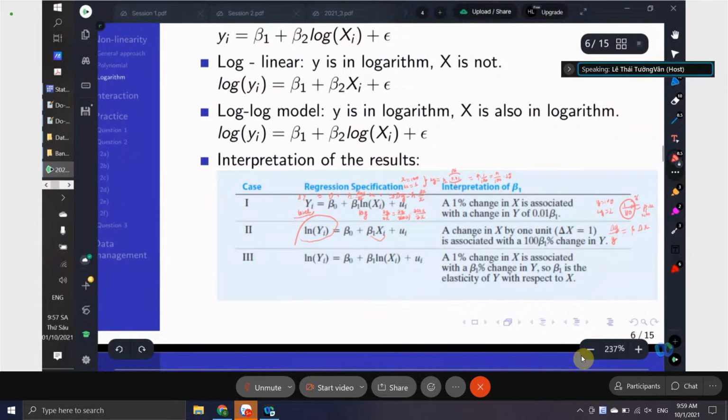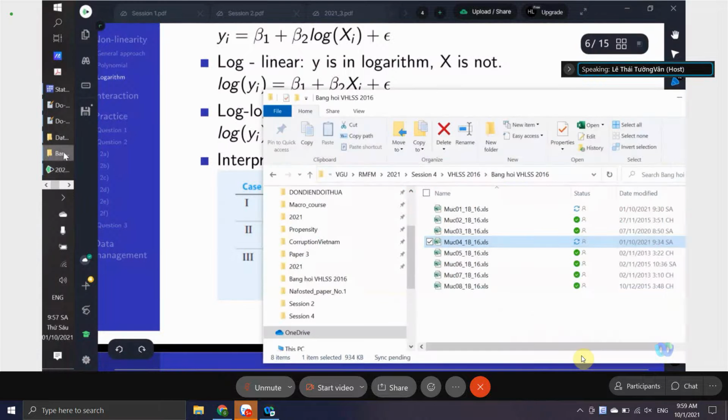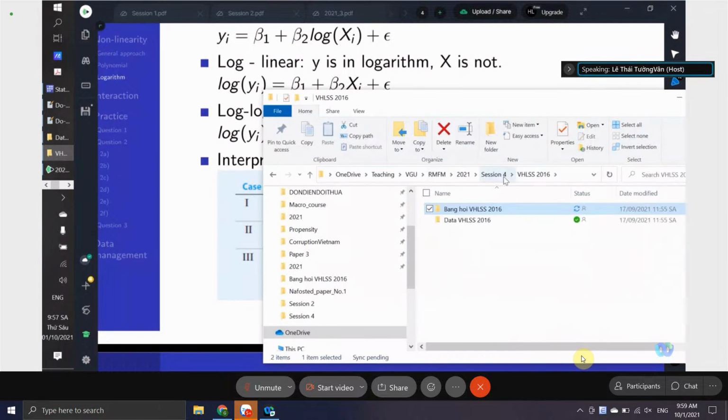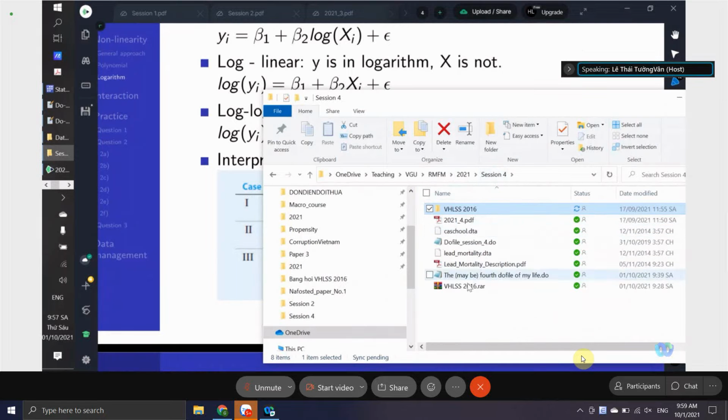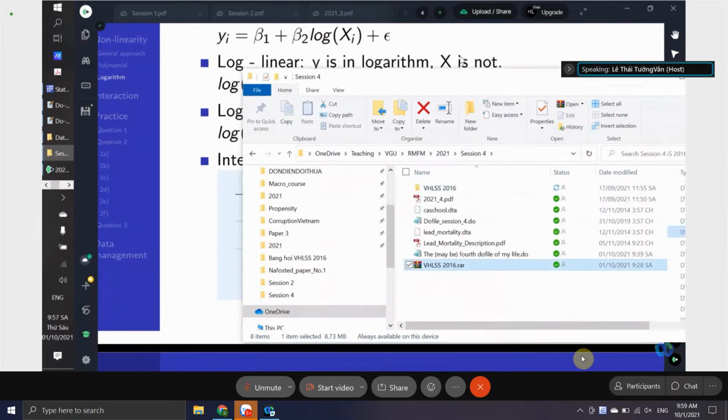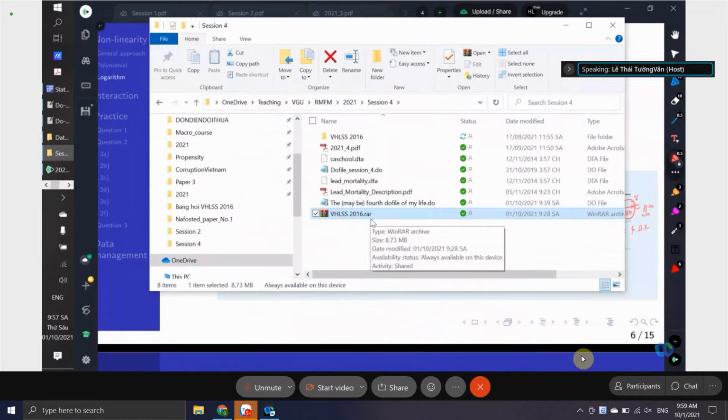So now it is 3 minutes to 10. Ladies and gentlemen, I will give you a break now. You will need to download the data. My advice is that you download the raw file, if you haven't done so. Why is that the case? Because the file size is very small.